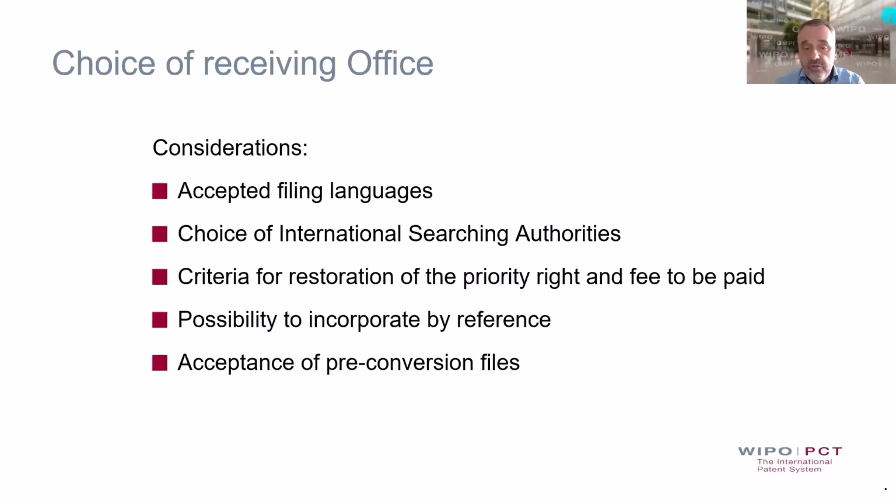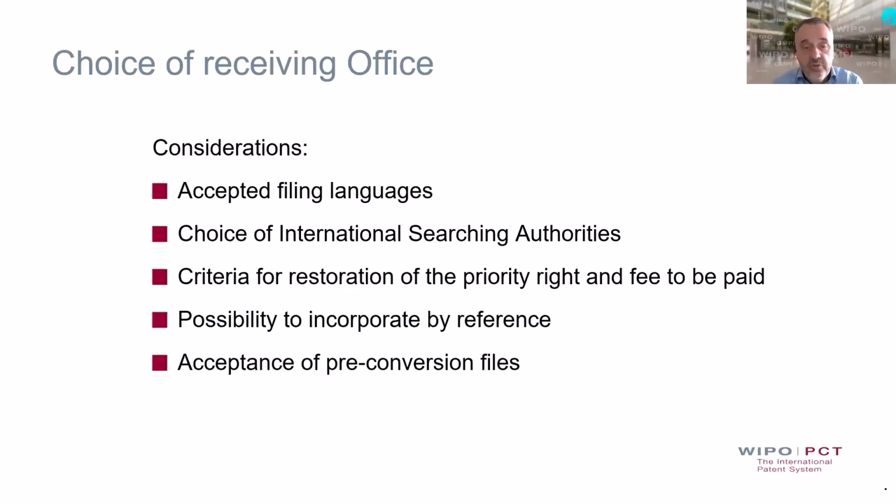Acceptance of pre-conversion files. This is important for electronic filing. We always recommend, if at all possible, to attach a copy of your original document, which is often a Word document, before you converted it into a format for filing. The formats for filing are generally PDF and XML.